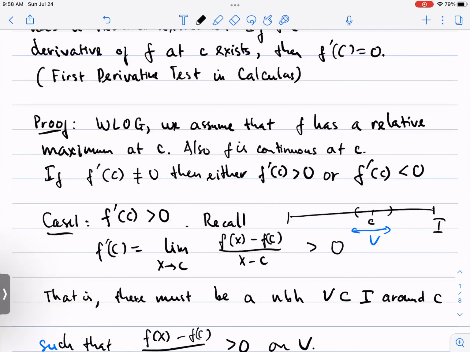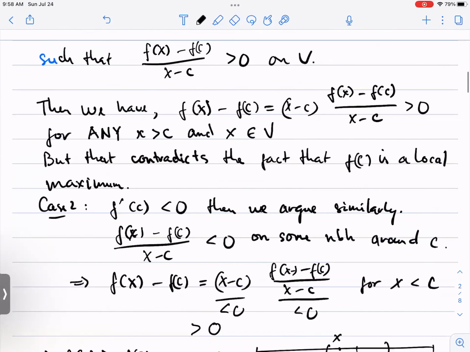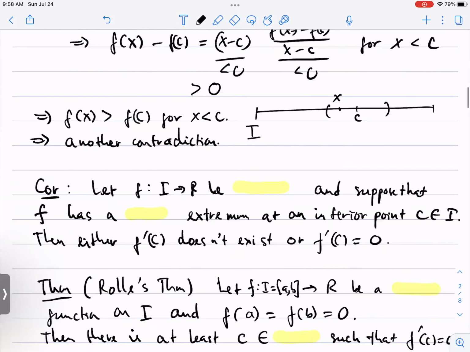F prime of c is 0, bigger than 0, or smaller than 0. It can't be anything else. We already ruled out that it can be either bigger than 0 or smaller than 0. That's why it must be equal to 0. And that is the end of the proof.